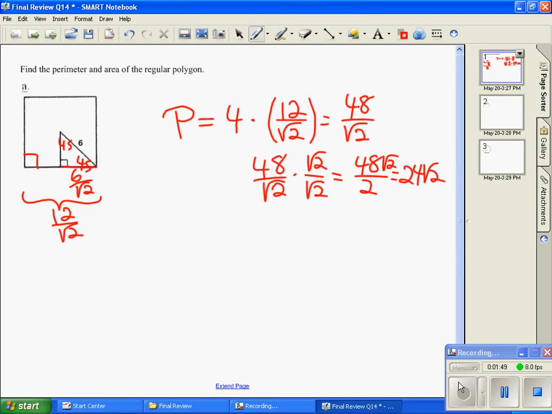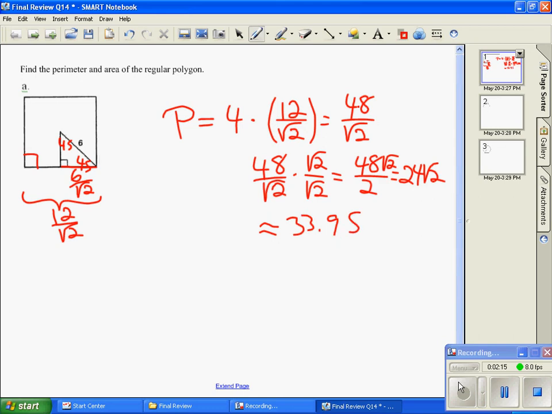Our problem does not have units given to us, so you can put units, but I'm really not worried about it if they don't give it to you. Since this is a square root answer, for those of you who love answers that are not in terms of square root, the answer for this would be 33.95.